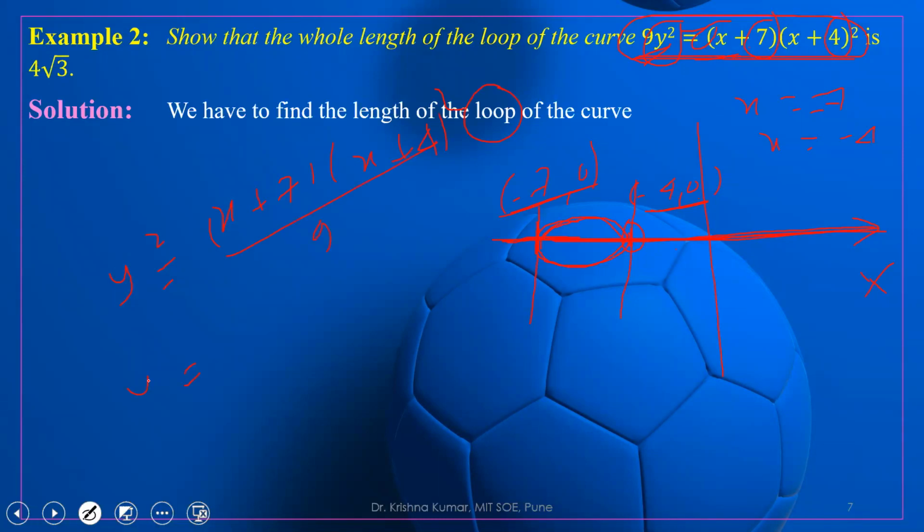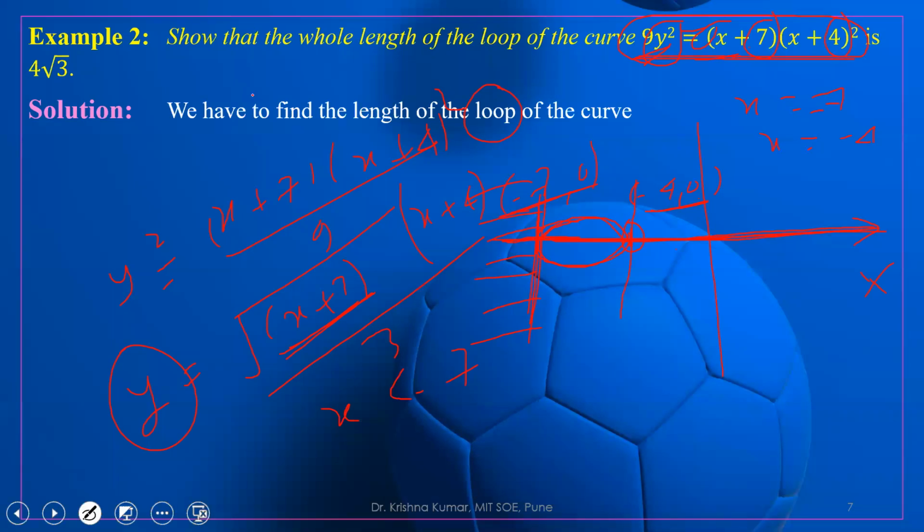So what is the value of y? y is nothing but root over x plus 7, and x plus 4 divided by 3 can be taken outside. If x is less than minus 7, then y will be imaginary. So there is no part of the curve on the left-hand side of x equal to minus 7.